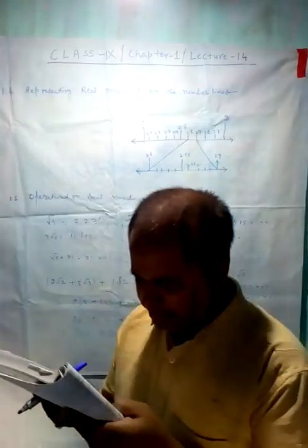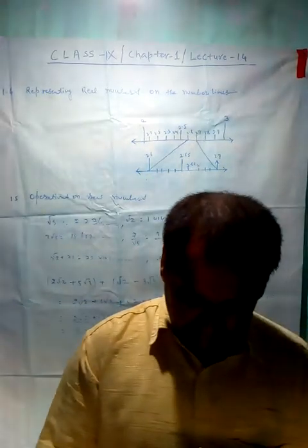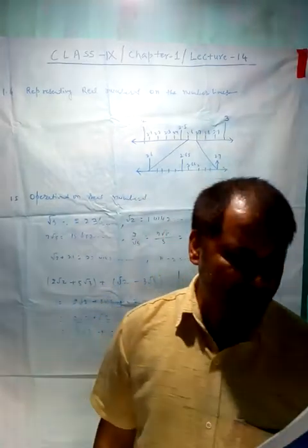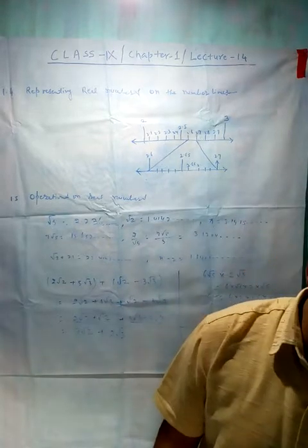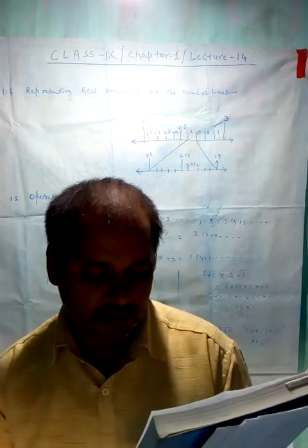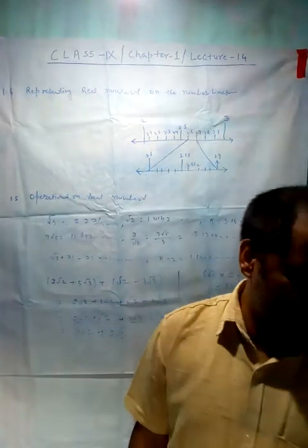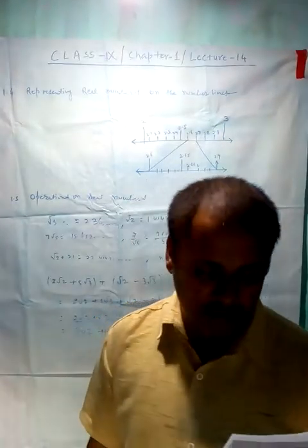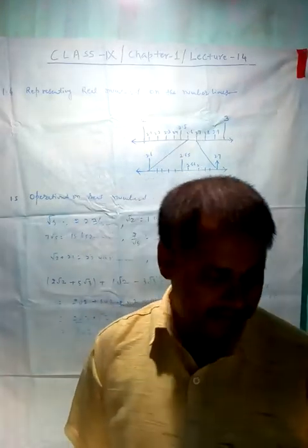These examples may lead you to expect the following facts, which are true. The sum or difference of a rational number and an irrational number is irrational. The product or quotient of a non-zero rational number with an irrational number is irrational. If we add, subtract, multiply or divide two irrationals, the result may be rational or irrational.